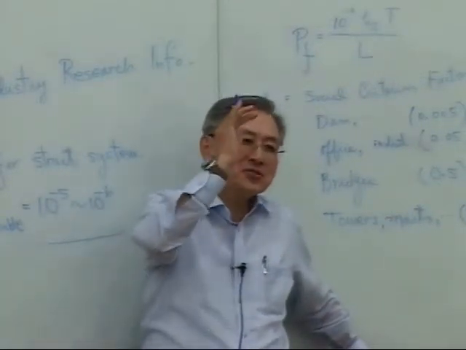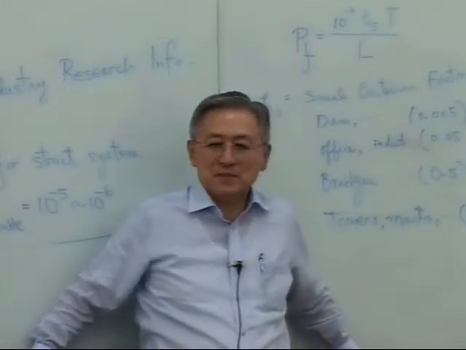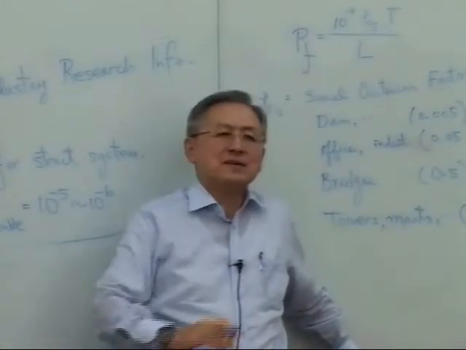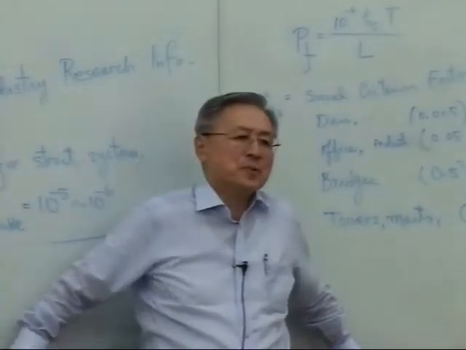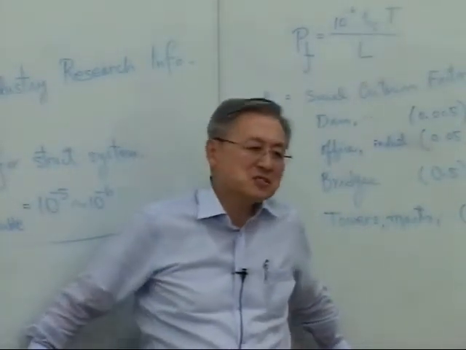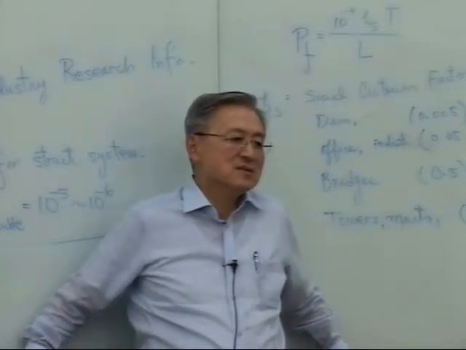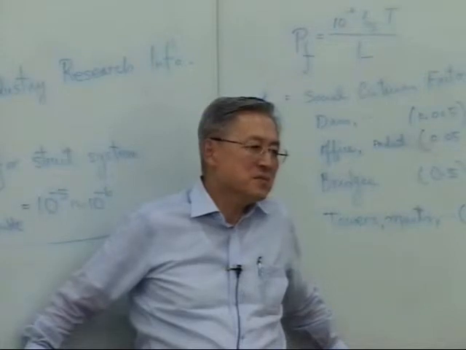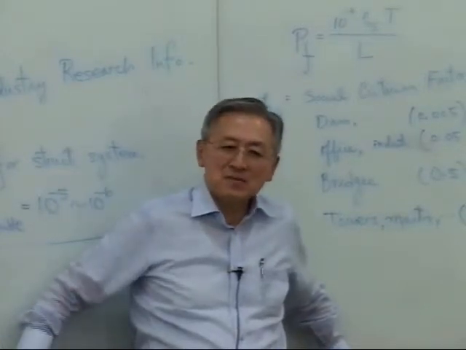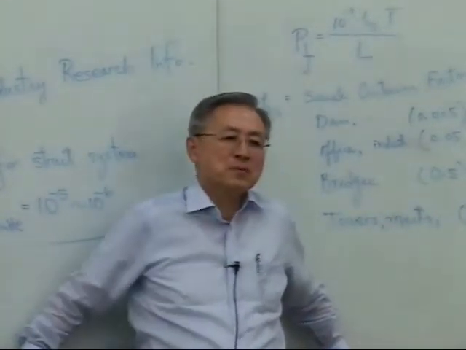Even if each component has a great reliability, which means very low probability of failure, that doesn't mean that the structure system is going to have a very low probability of failure.